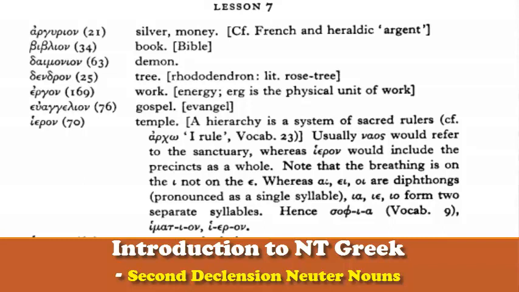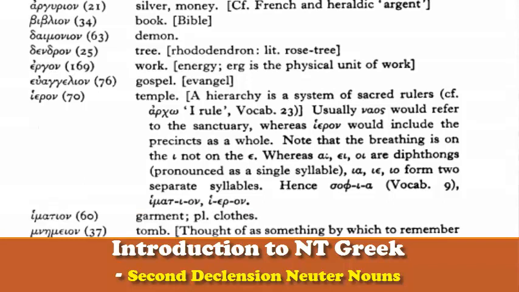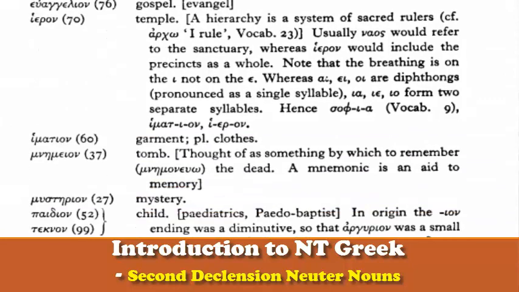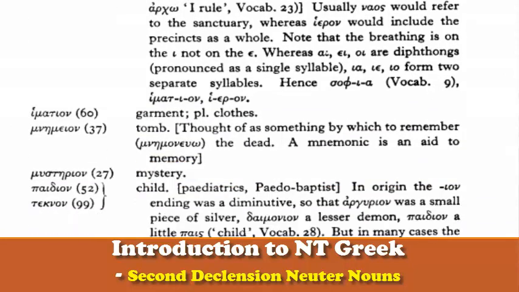The next, hieron. Hieron means temple. Can we move on? The next word is himation. That has rough breathing. Himation means garment.